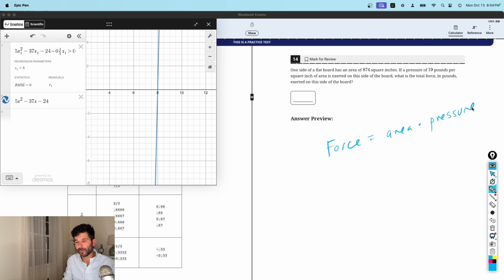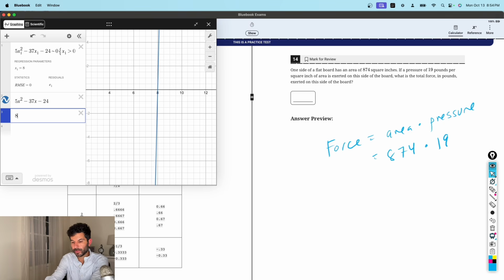I don't think there's anything more to this problem. So this is going to be 874 times 19 pounds per square inch. I'll just go to Desmos and type that in and get my answer. So 874 times 19, that's going to be 16,606 for a final answer.